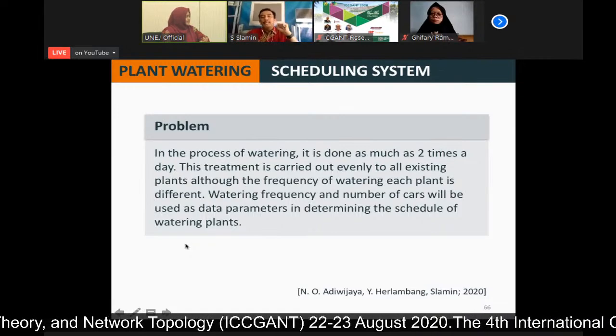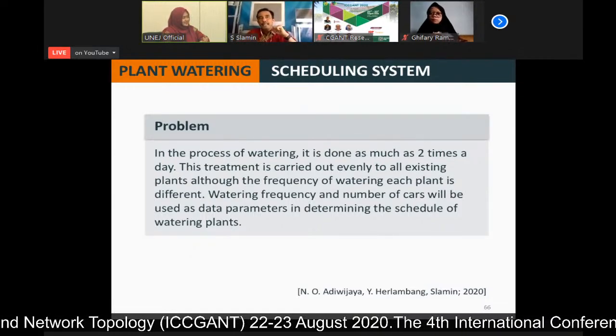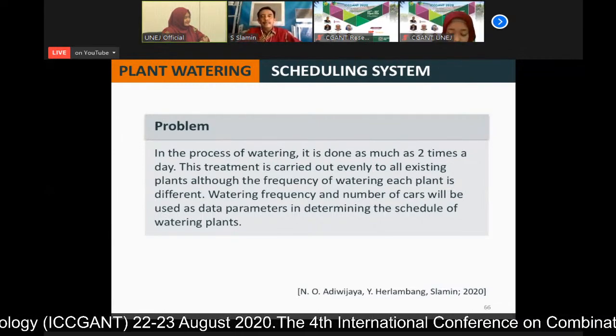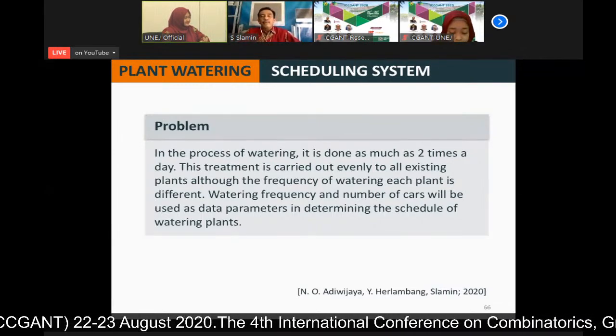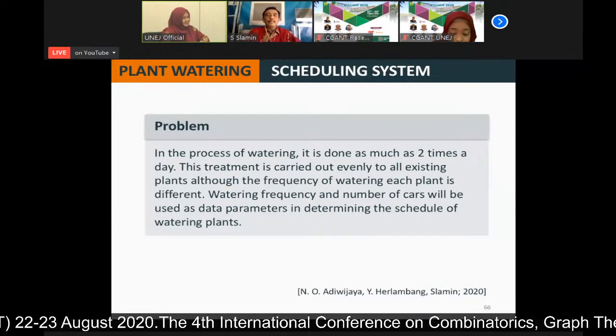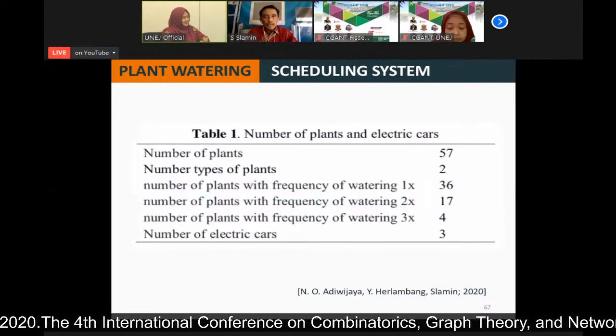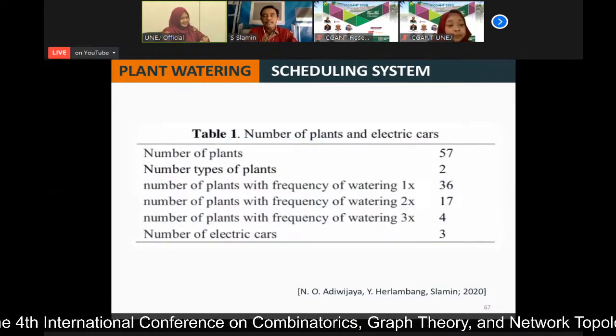What we want to say here is that we try to make a scheduling system application for when we want to water plants in the field. Okay, this is the data for that one.